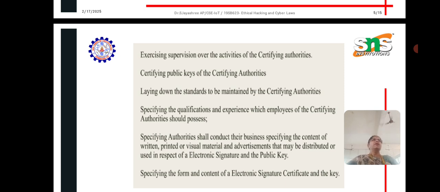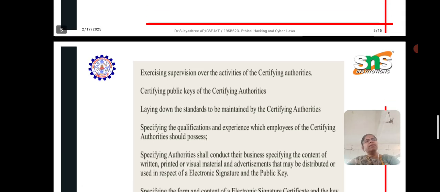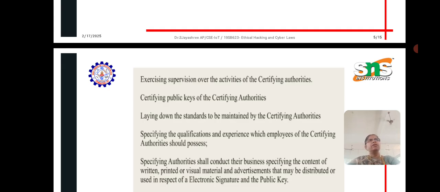The main qualification of the applicant for certifying authority is that the individual should have a net worth, an account balance, of not less than 5 crores. If a company is applying for certification, then the owner and the shareholders of the company should be Indian, or an undivided Hindu family.